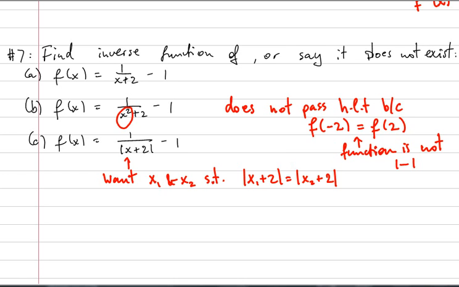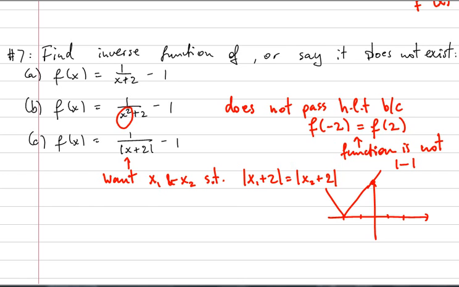Let me see. The easiest thing is to draw this function, absolute value of x plus 2. That's a shift to the left by 2. So I have this. If I plug in 0 in this function, I get 2.